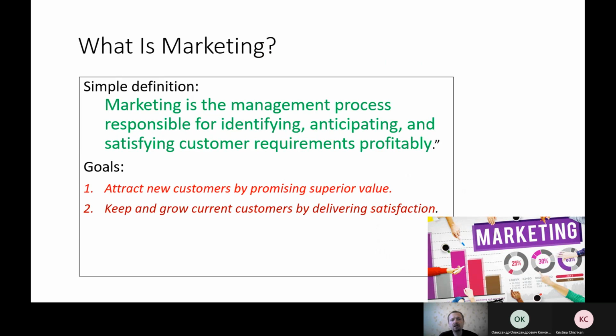Actually, today I'm going only to remind you some key issues connected with marketing, because last semester you already had this course, and I'd like only to stress some key points of this course which must be included into business analysis of the company.